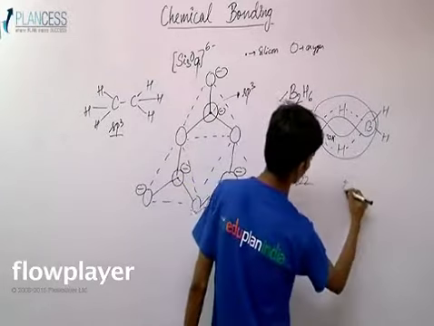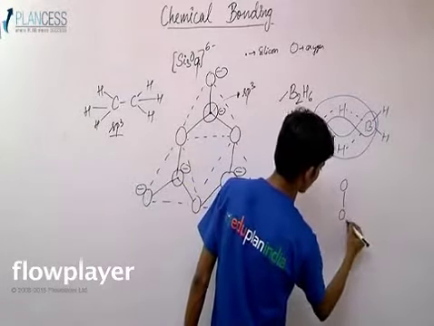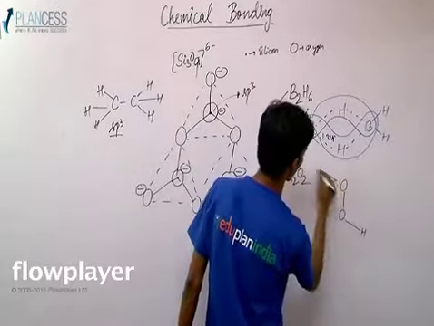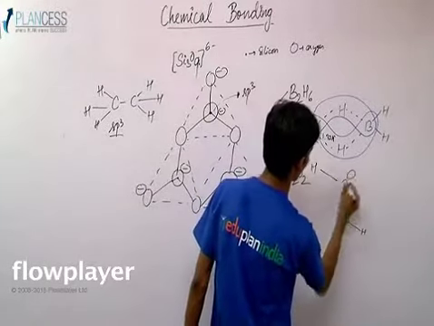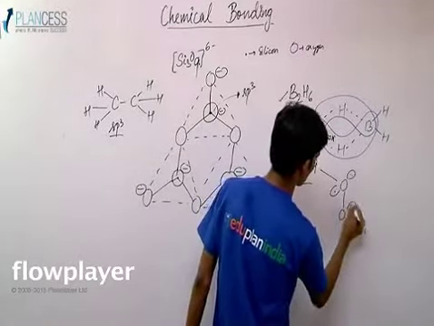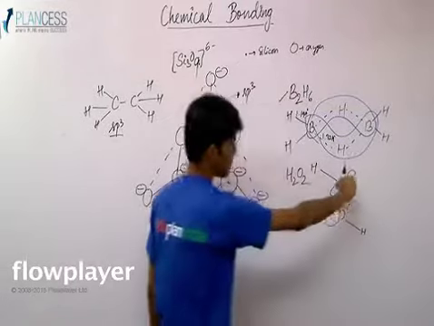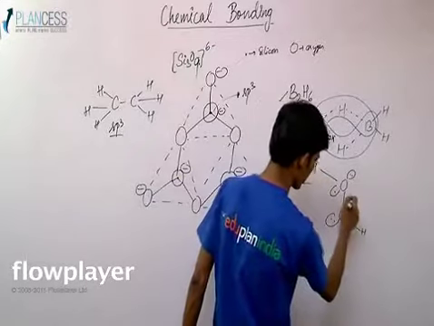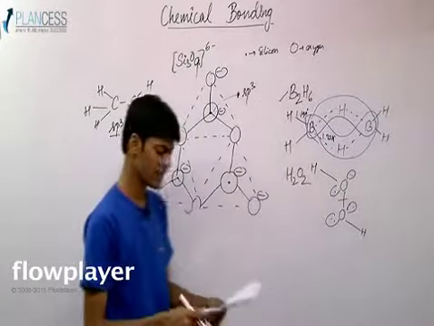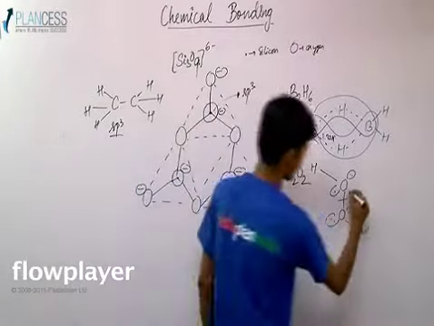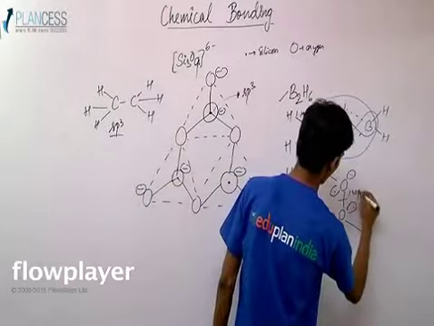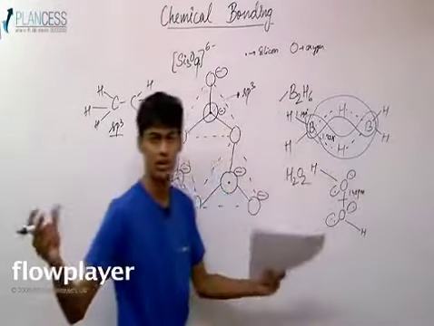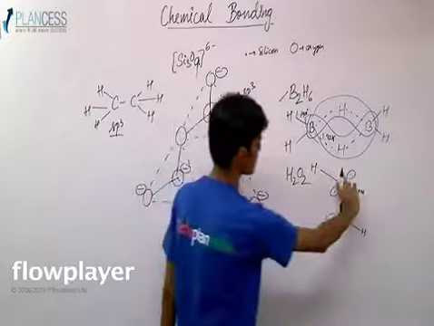H2O2 is something like this: oxygen, and this H comes here and this H comes here. There are 2 lone pairs on each oxygen. Because of this lone pair repulsion, the OO is a very weak bond, and its bond length is 148 picometer, which is quite large as compared to the OO single covalent bond length, and this is a very unstable structure.